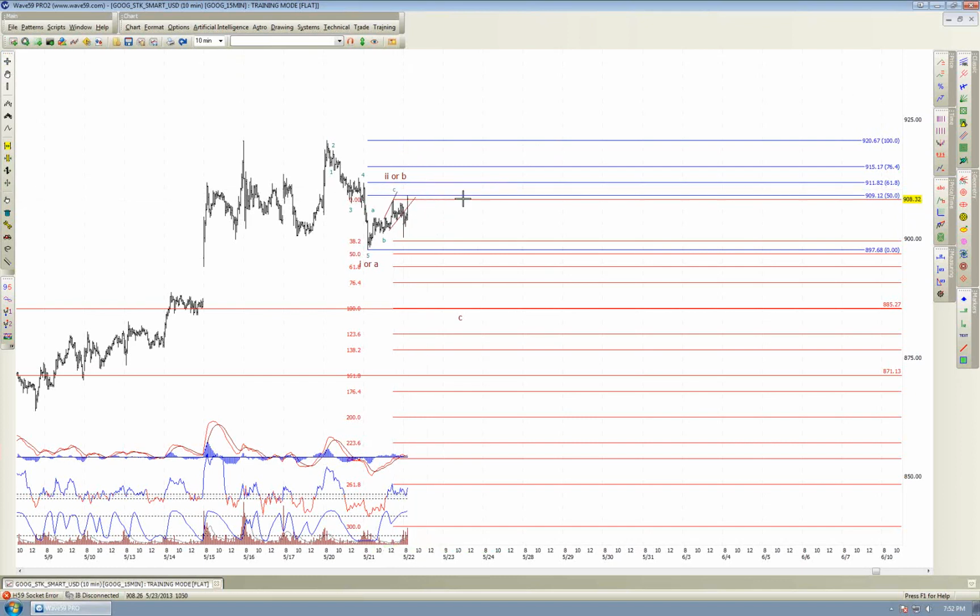So it looks like we got stopped out on that trade about, let's see, if we entered right here, we lost about 3 points, and a larger A, B, and C is probably at play.